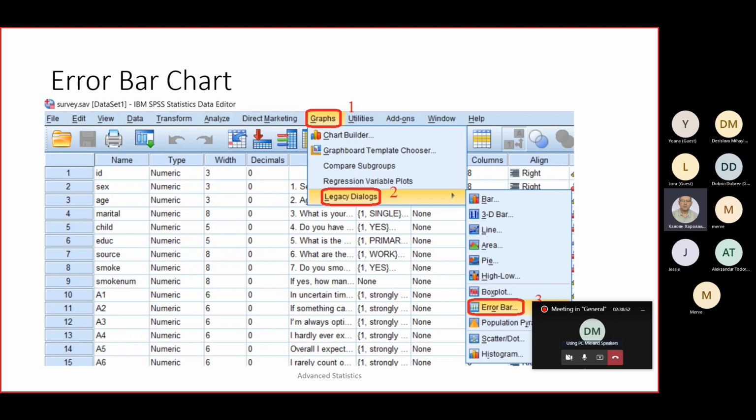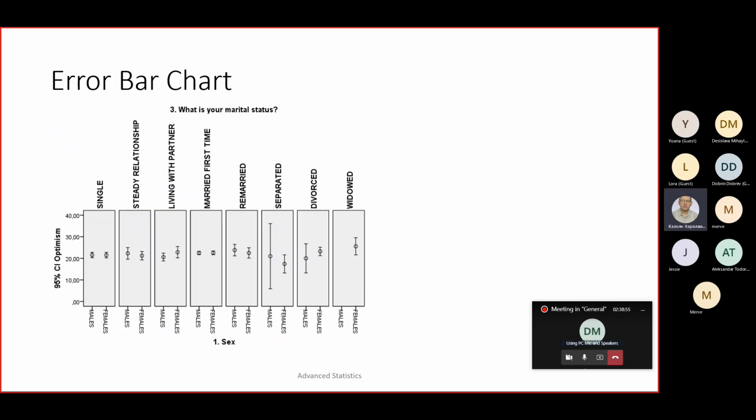In the next chart, we have many groups, 8 groups for all marital statuses, and comparison between males and females within each group.